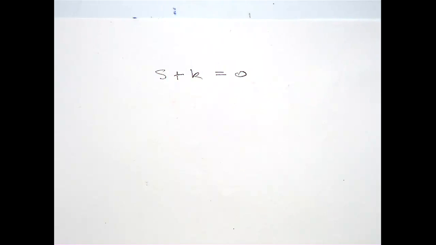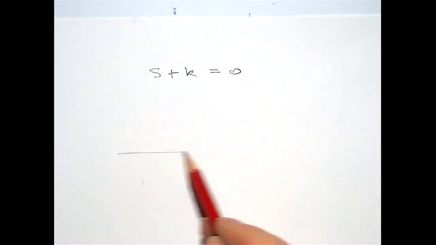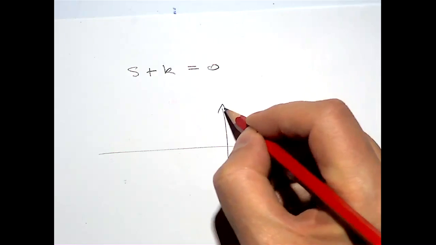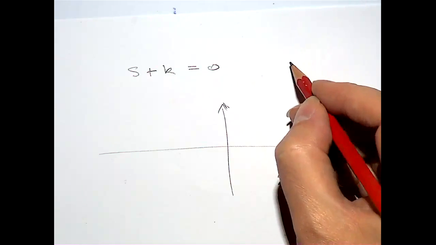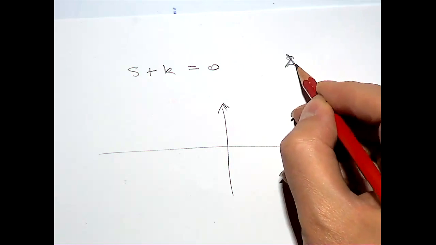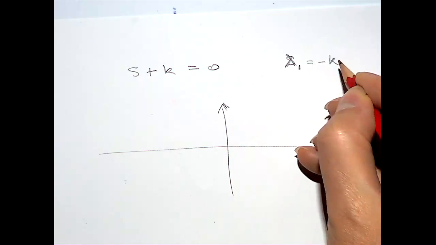That's one example, right? What's the solution of this? Maybe I should denote it as lambda. Lambda 1 is minus k.